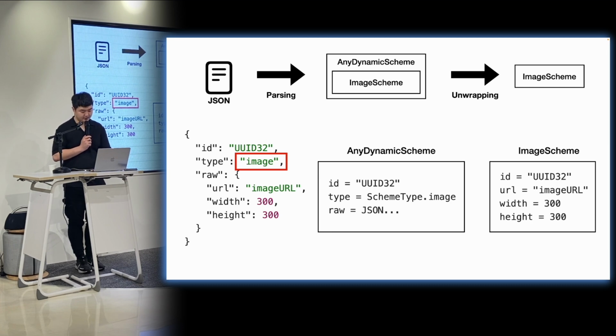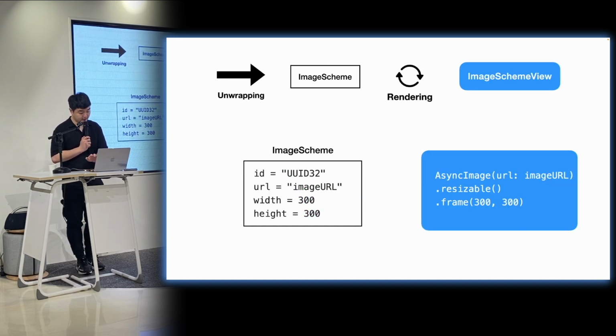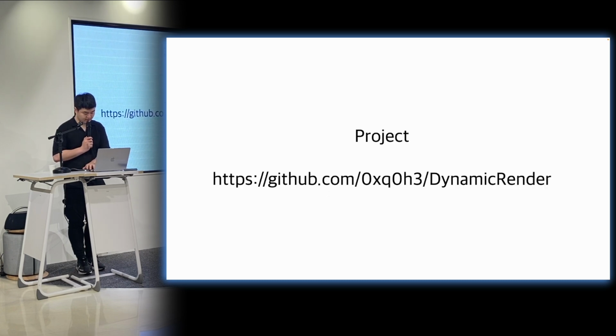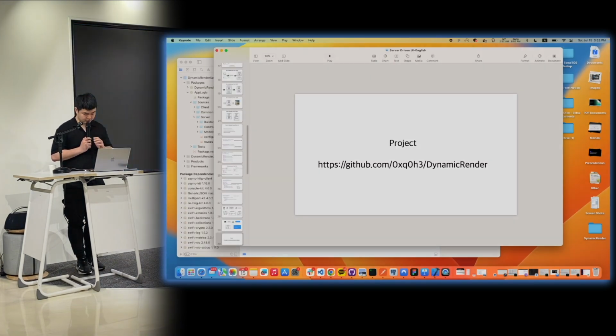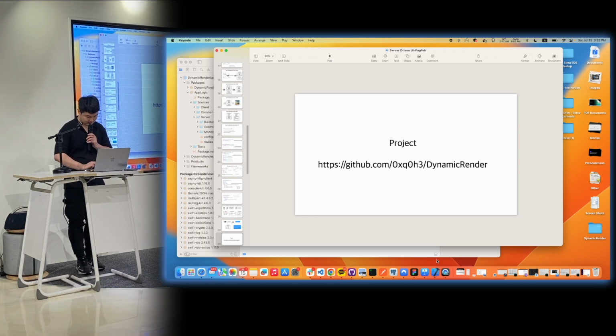And then the client unwraps its any dynamic scheme to image scheme using the previous static function. And in this phase, the client has the ID, URL, width, and height of this image scheme. And then finally, the client renders the image scheme view corresponding to the image scheme.